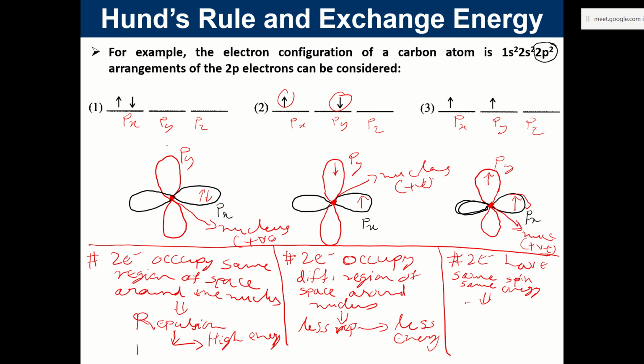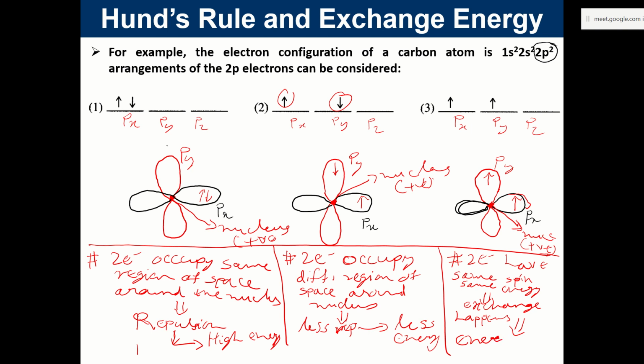The two electrons exchange places, exchange happens. So two electrons can exchange their places, and energy decreases further. So this is called exchange energy.